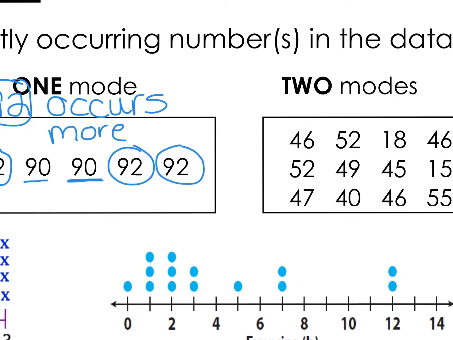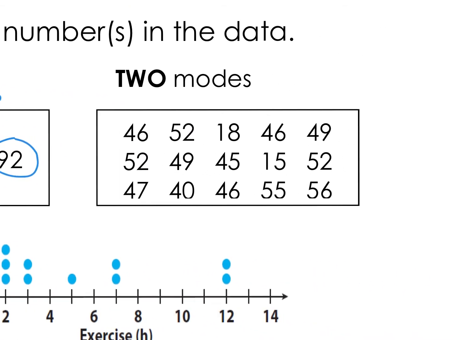Now, let's look at an example where there's 2 modes. So if we look here, we see 46, 52, 18, 46 again, 49, 52, 49, 15, 52.